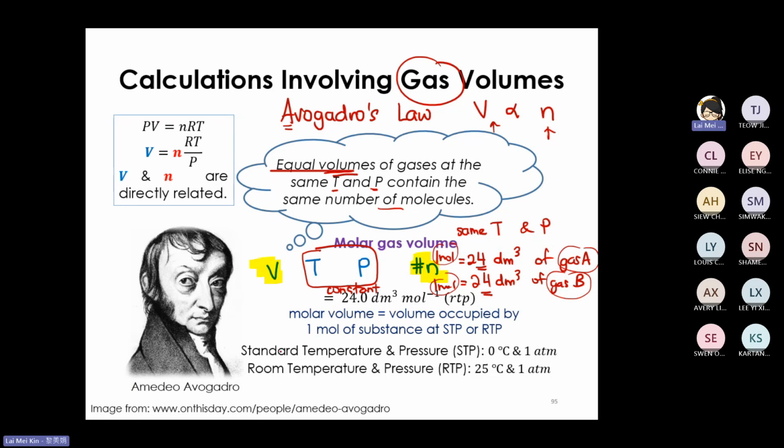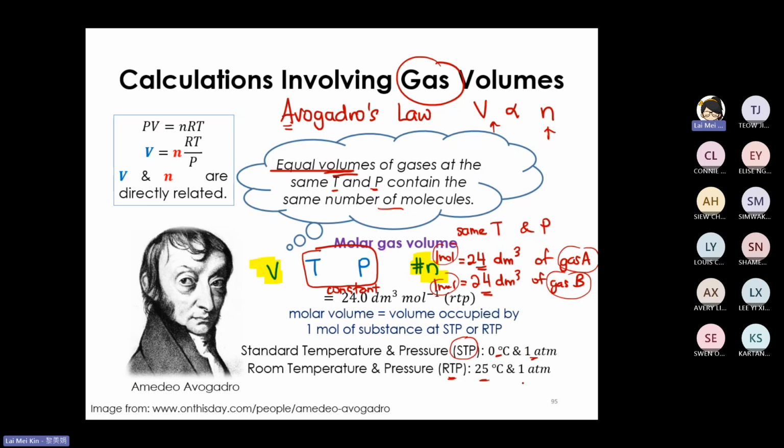At standard temperature and pressure, short form STP, the temperature is 0 degrees Celsius and the pressure is 1 atm. Room temperature and pressure, RTP, means room temperature of 25 degrees Celsius.